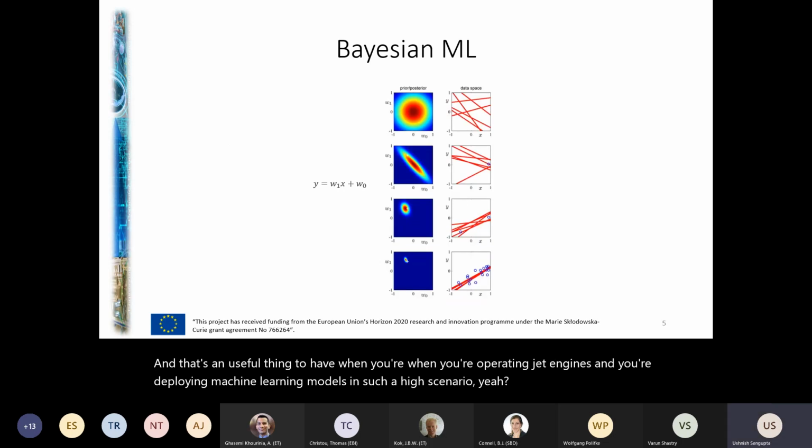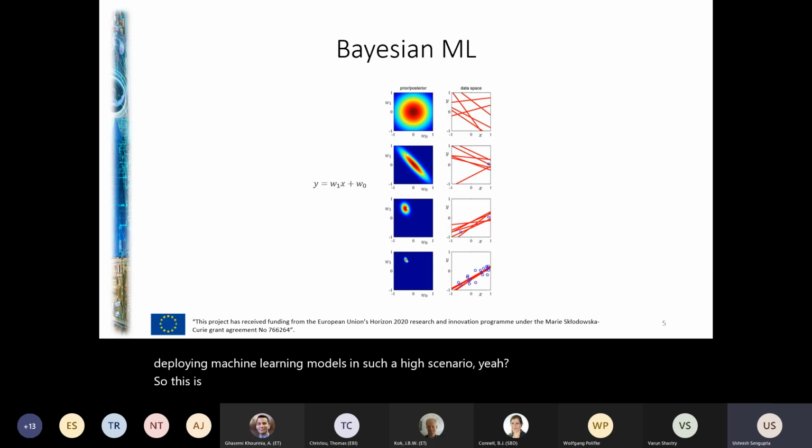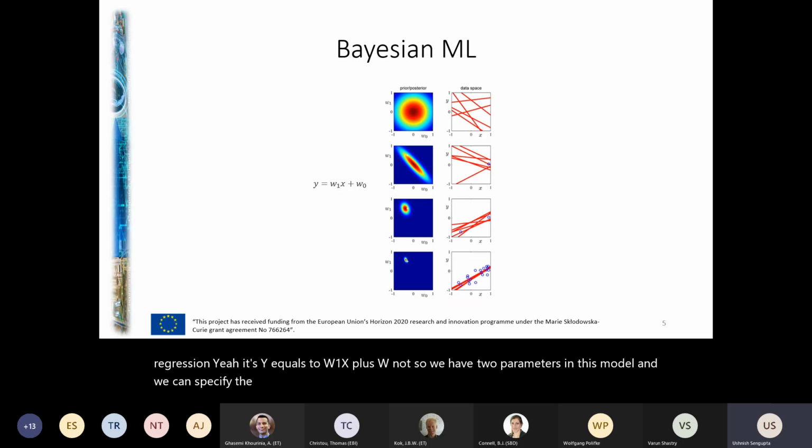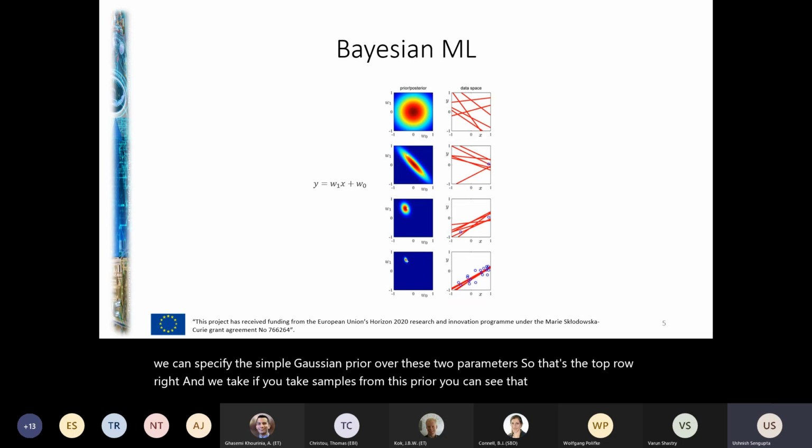This is essentially how Bayesian machine learning works. This is a simple example of linear regression: y equals w1 x plus w0. We have 2 parameters in this model, and we can specify a simple Gaussian prior over these 2 parameters. That's the top row. If you take samples from this prior, you can see that it produces all sorts of random lines.